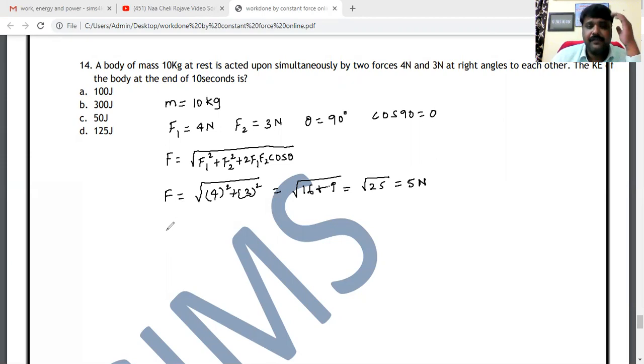Now we got F as 5 newtons, and mass is given as 10 kg.